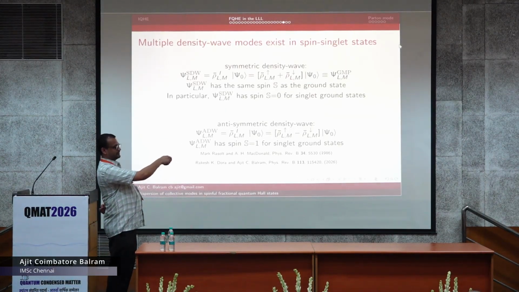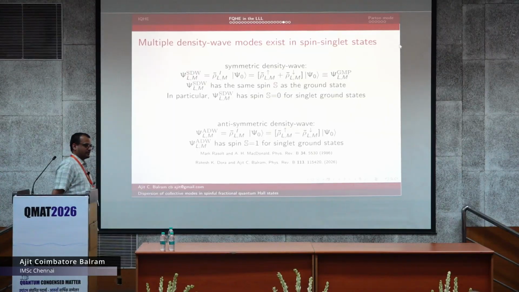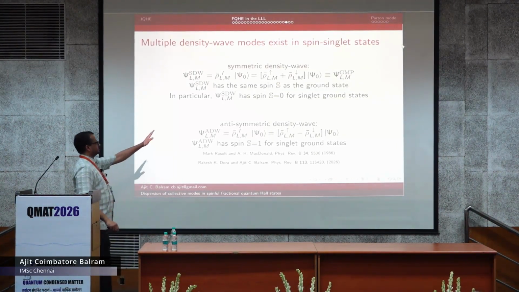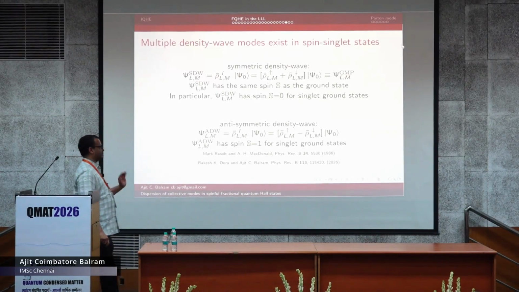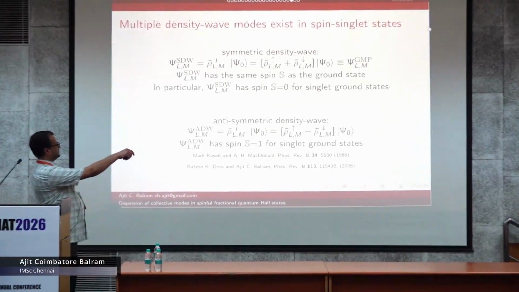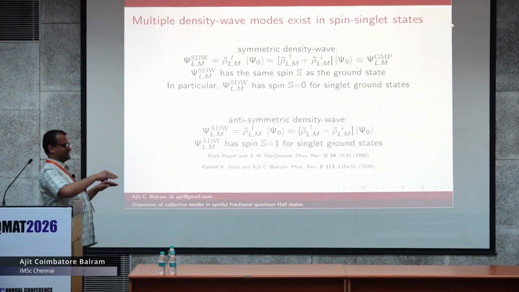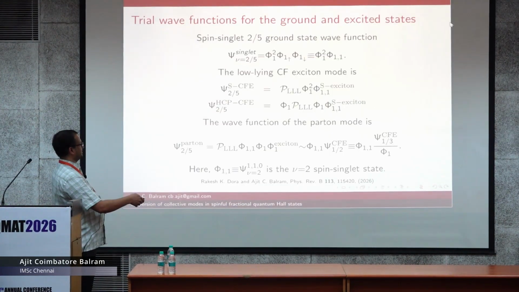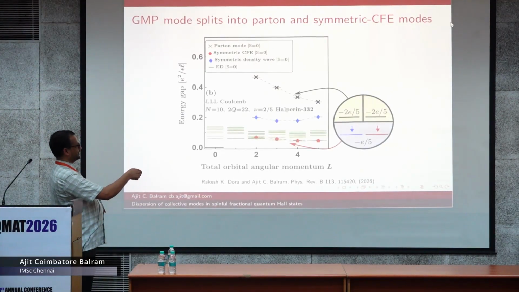The question is, do you see a manifestation of a local moment arising because of this? There is no local moment, because this state has the same spin as the ground state. It is not a real spin in that sense. But if you compute the dynamical structure factor with this operator, you will see weight at two places, and those two places will be very close to these two energies.